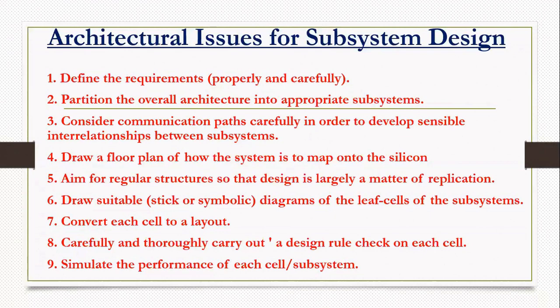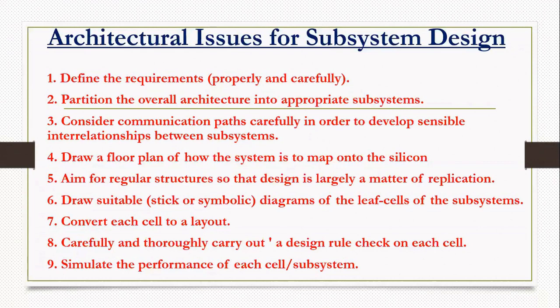Then we'll have to aim for regular structures. We need to draw the circuit diagram for all the modules present in that particular subsystem. Once the circuit diagram is drawn, we'll have to draw the stick diagrams or symbolic diagrams for each leaf cell of the subsystem.